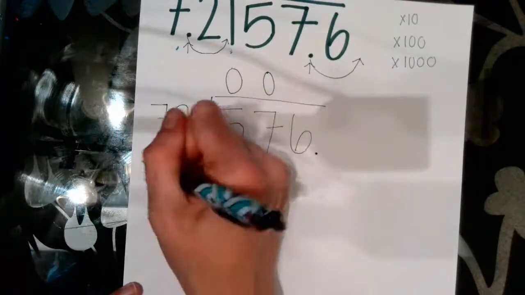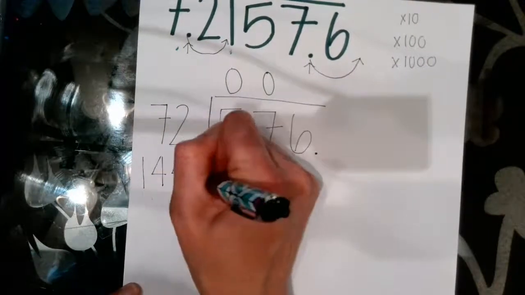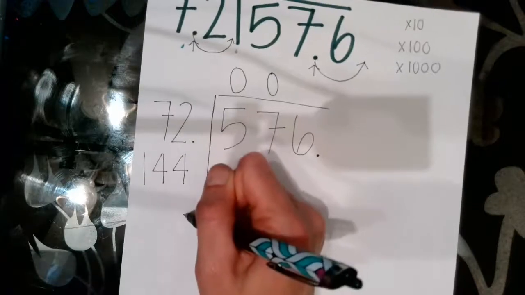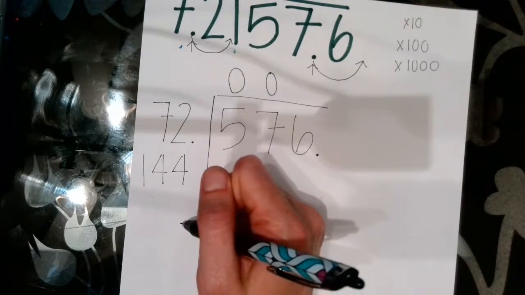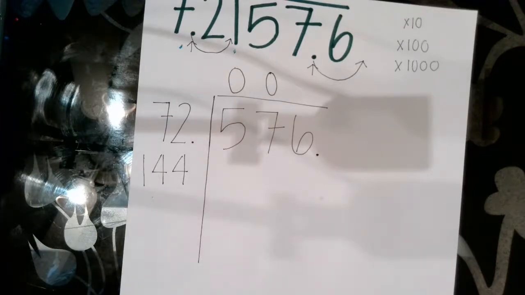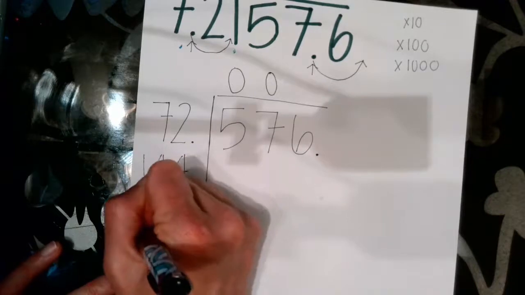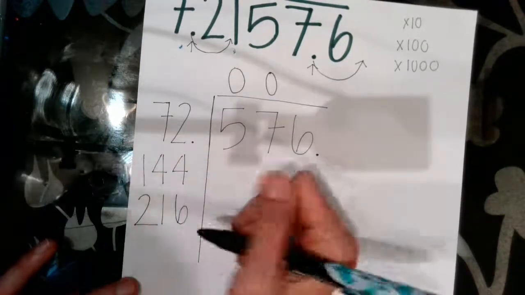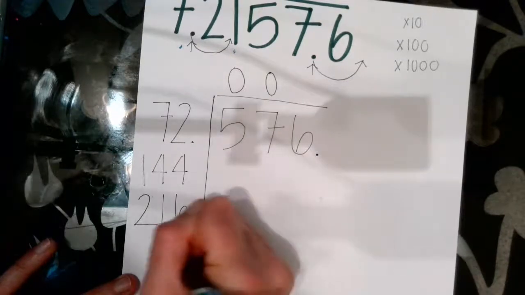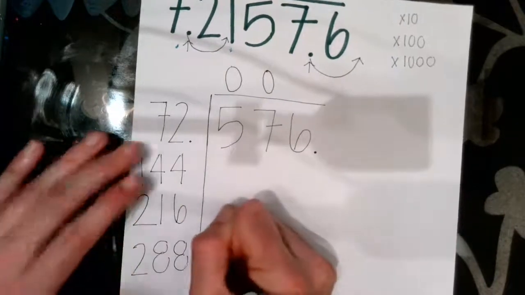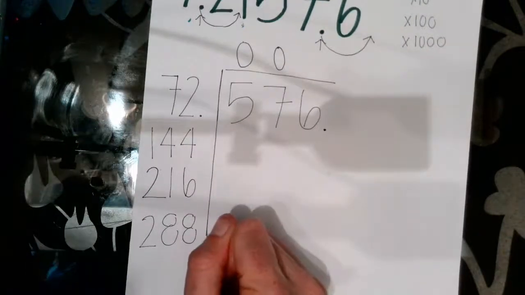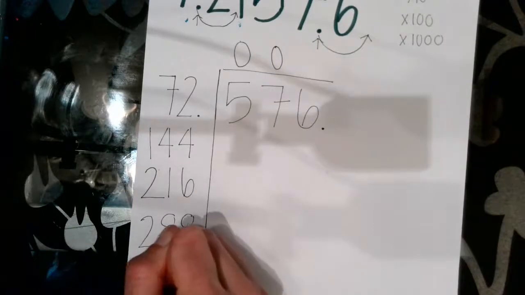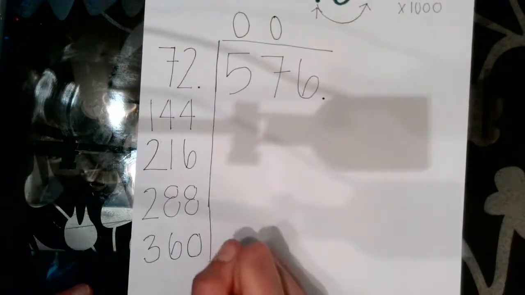So I have 72, and then I would have 144, and then 216, 288, 360, 432.